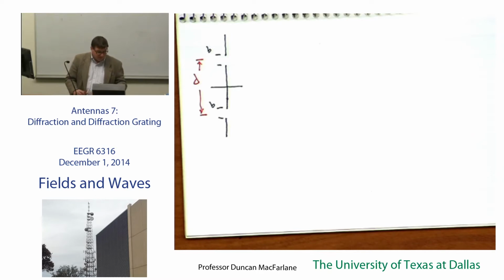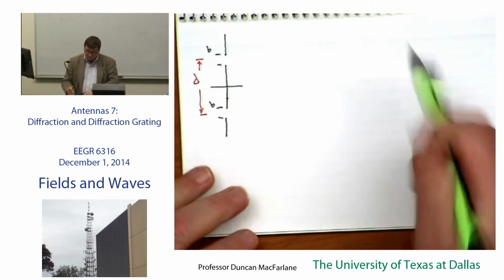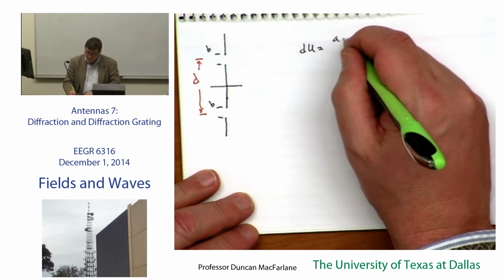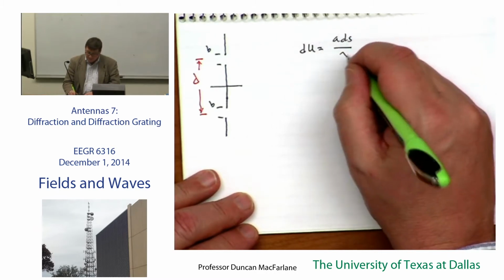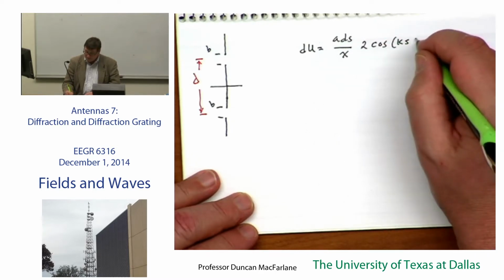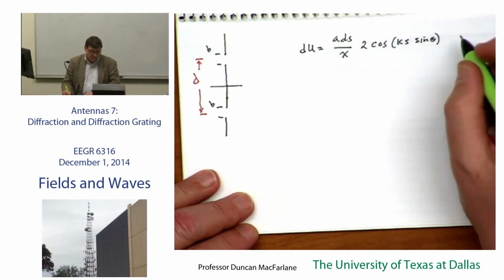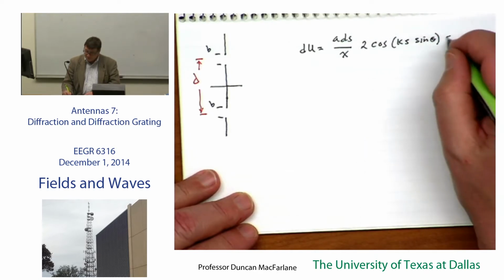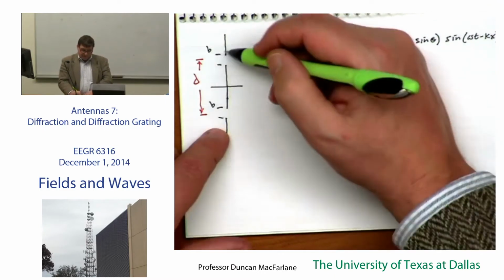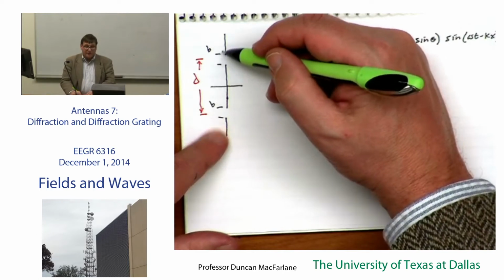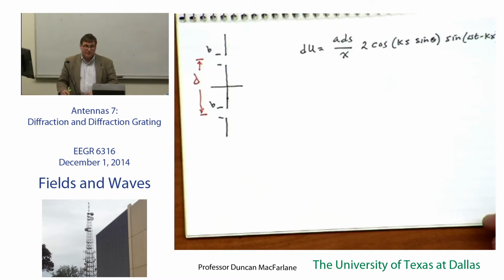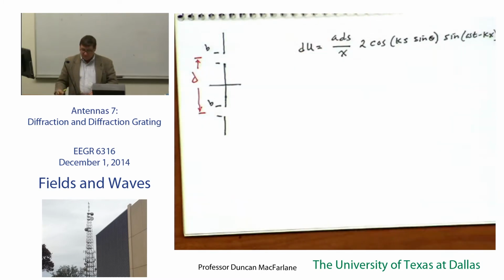And it turns out I have the same integral because I can imagine a slit being D plus B wide, and I'm just taking out the center of it.